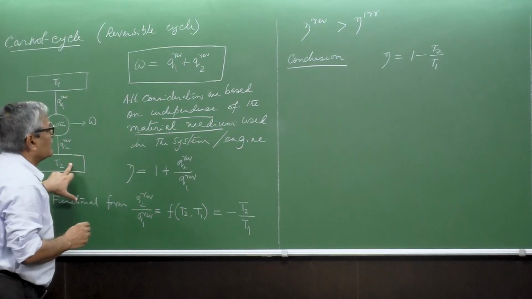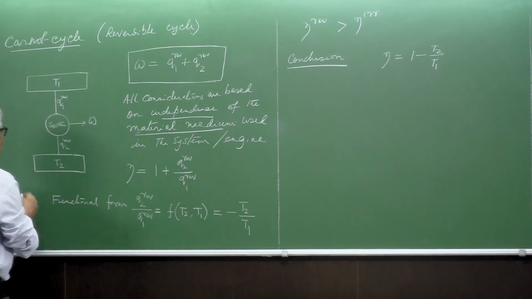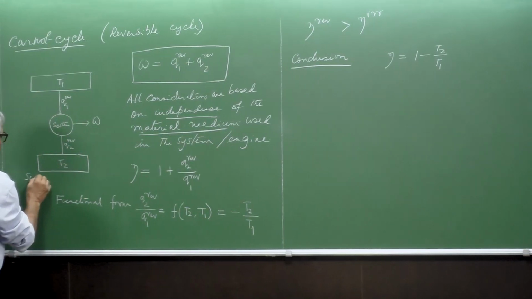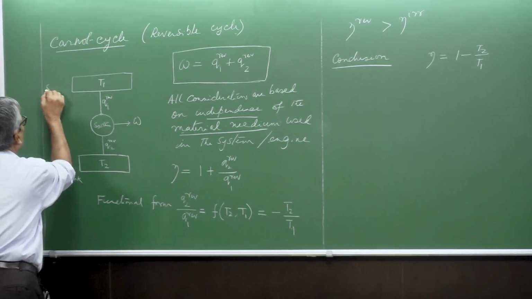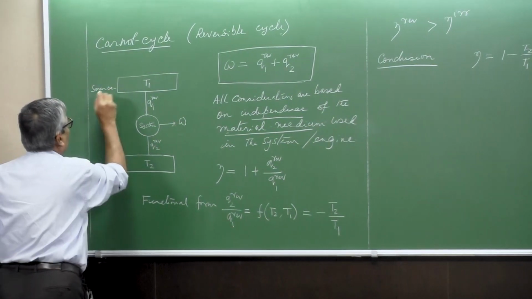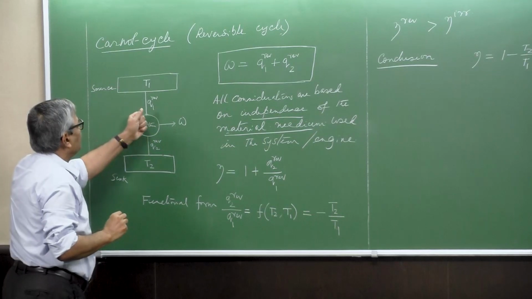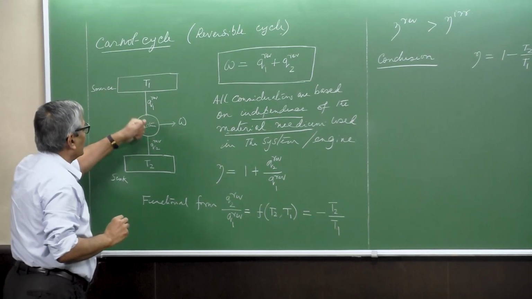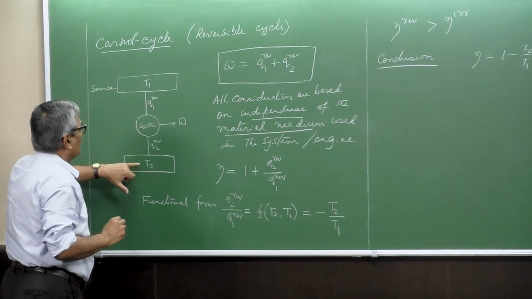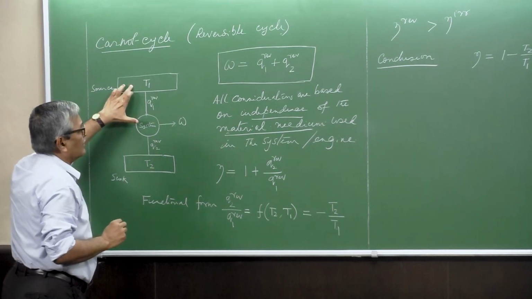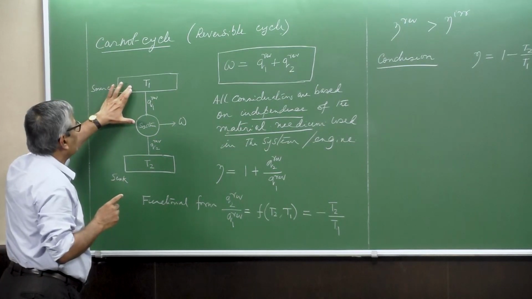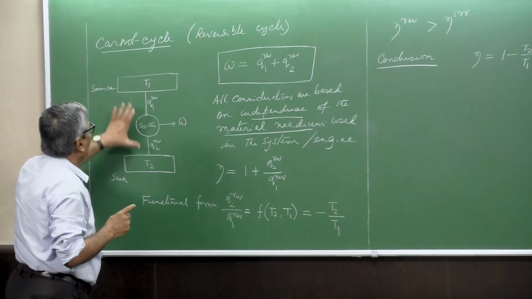T2 is called the sink, and T1 is the source. So heat is drawn from the source and dumped into the sink at T2. The only important things are the temperatures T1 and T2.